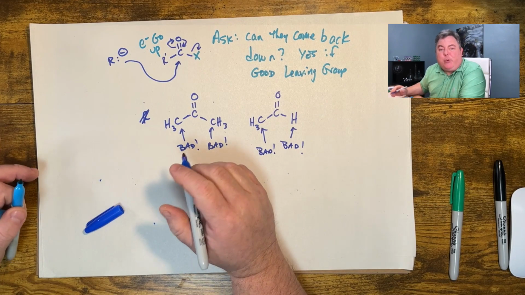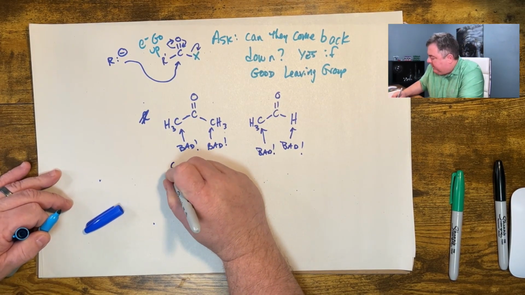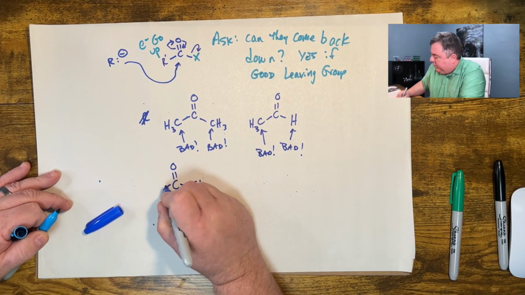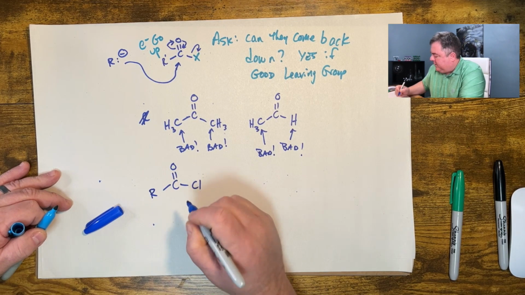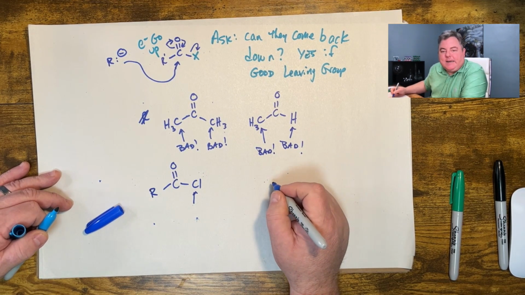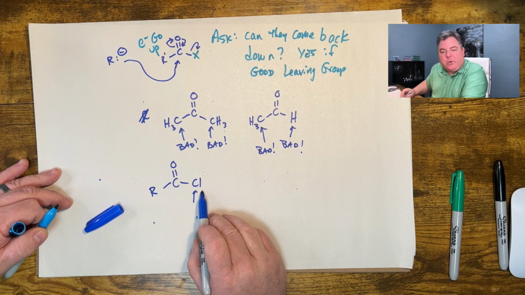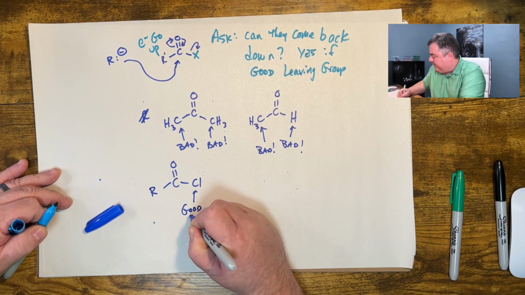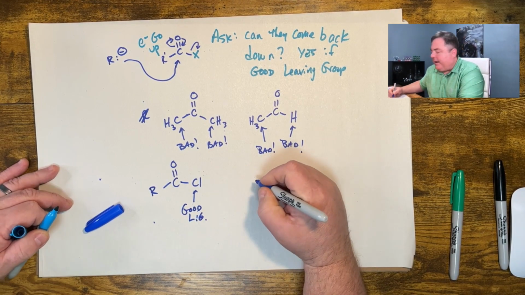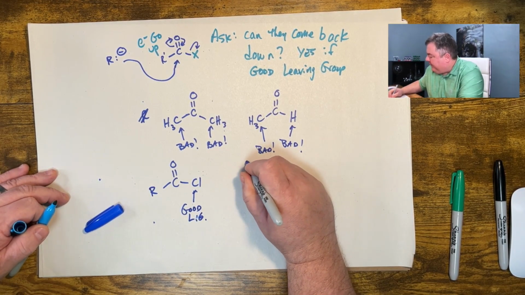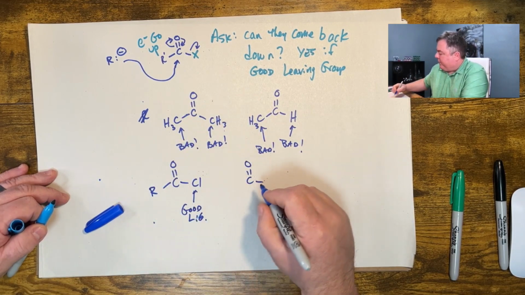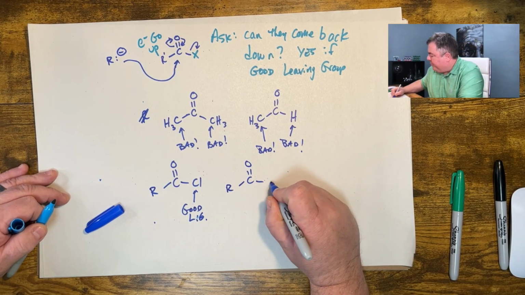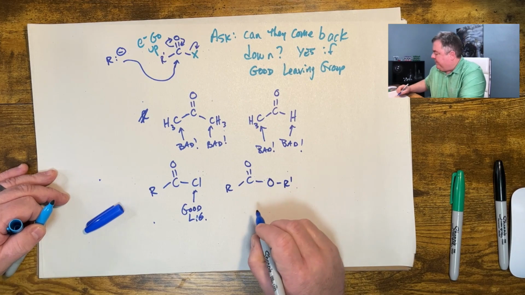The groups that are pretty good leaving groups, we know chlorine's a good leaving group. So if you have an acid chloride, a carbonyl with a chlorine next door, that's a good leaving group. And the other one, for our case, with these carbonyl compounds, the other good leaving group is if you have an ester.